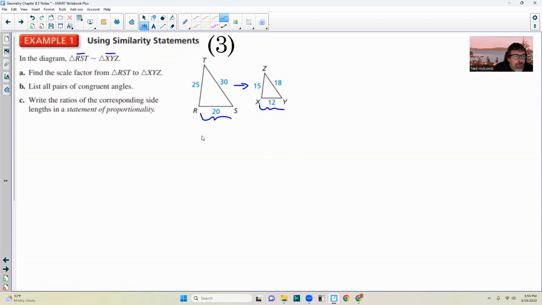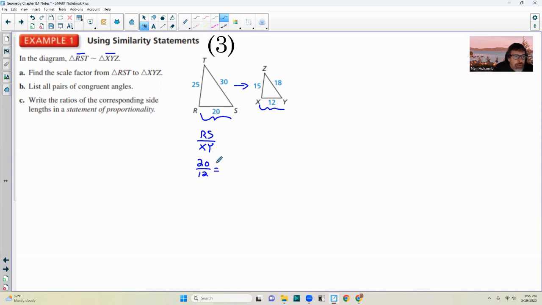I do not want to write RS over XY. Don't write this, just listen first. I don't want to write it this way because when I substitute in my givens, RS is 20 over XY, which is 12.